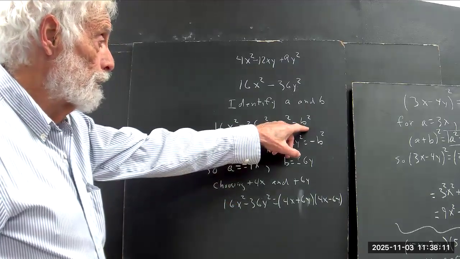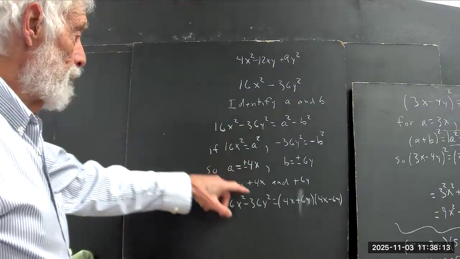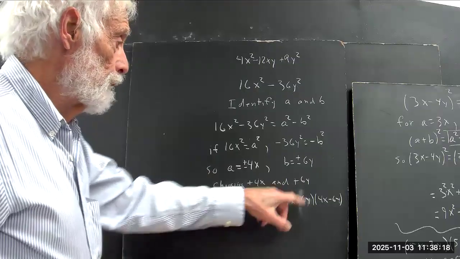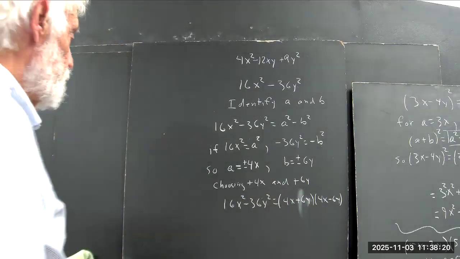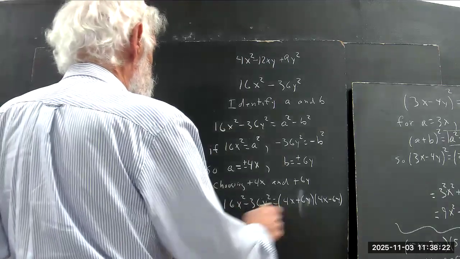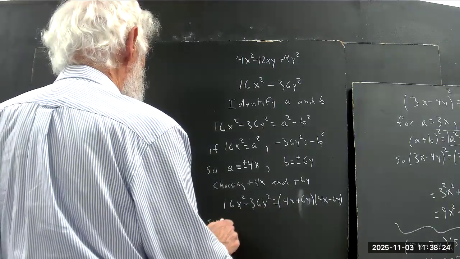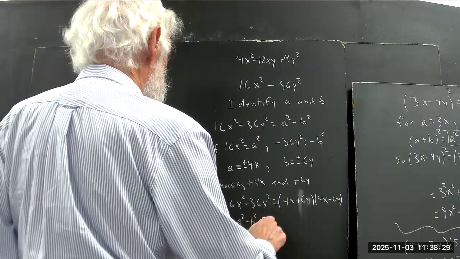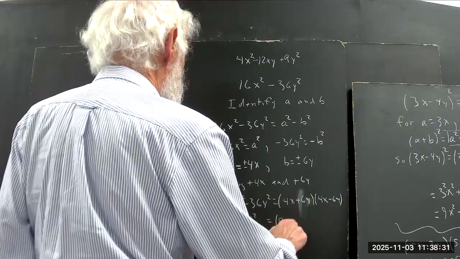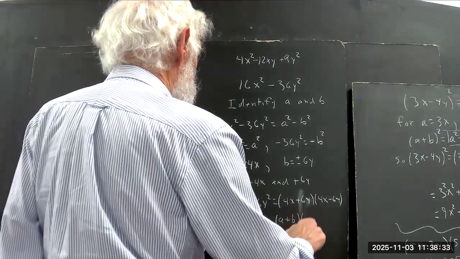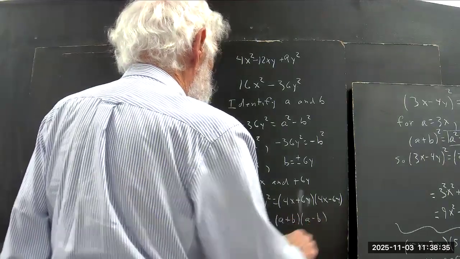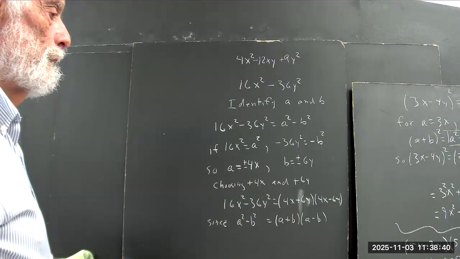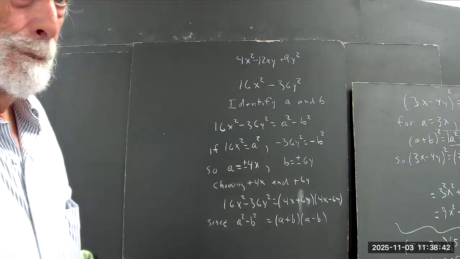Okay, so this is A squared minus B squared, and we've identified A and B and chosen to use plus 4x and plus 6y. So if this equals this, since A squared minus B squared equals A plus B times A minus B. Okay.